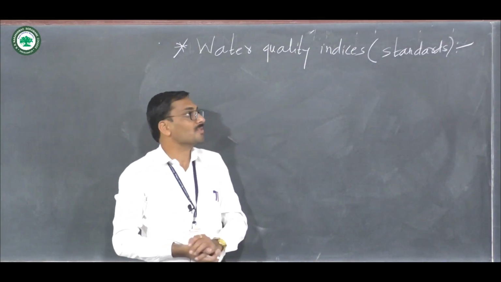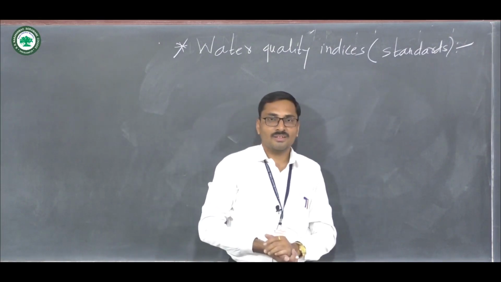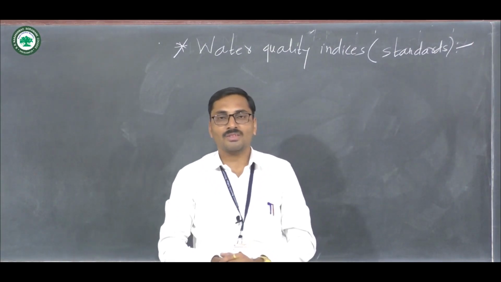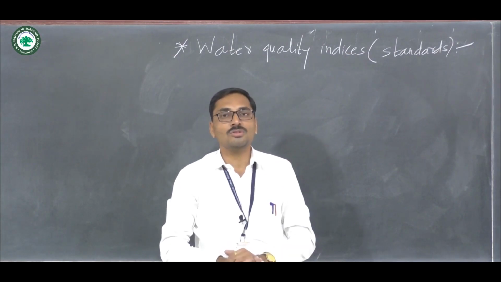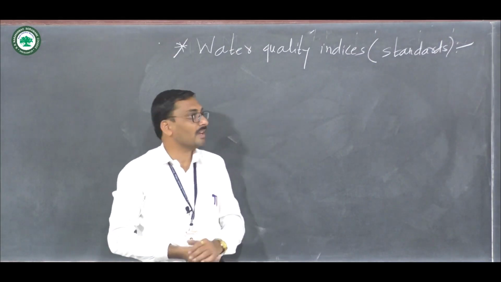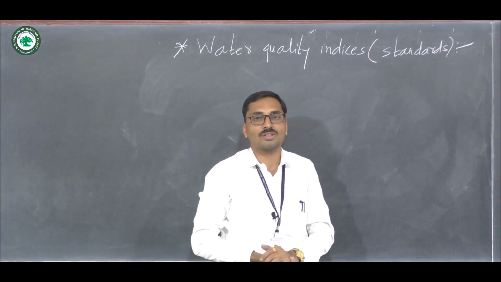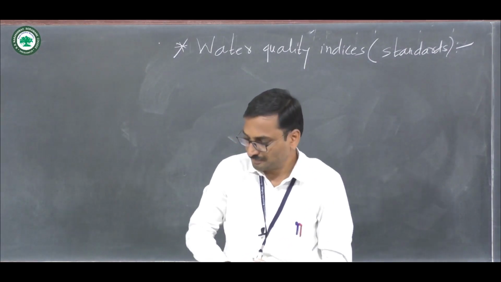With the help of certain standard parameters or indices, we can study whether the given water is good or not for agriculture. So we can judge the effect of these indices on the soil factor.